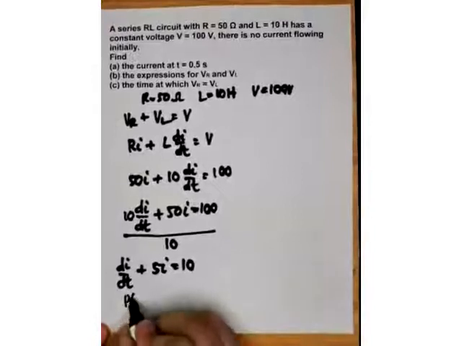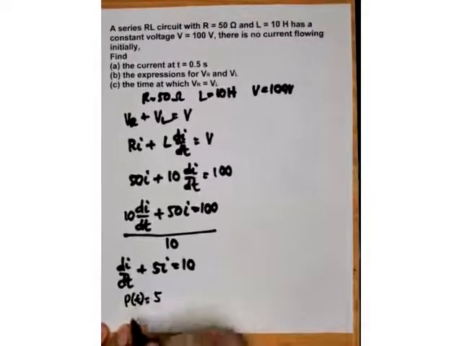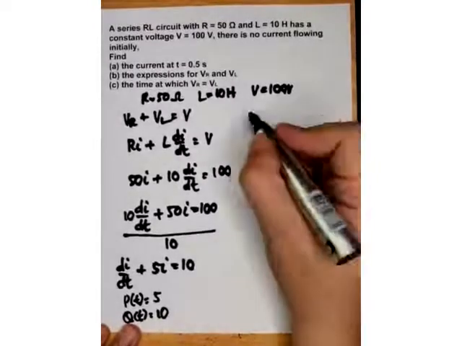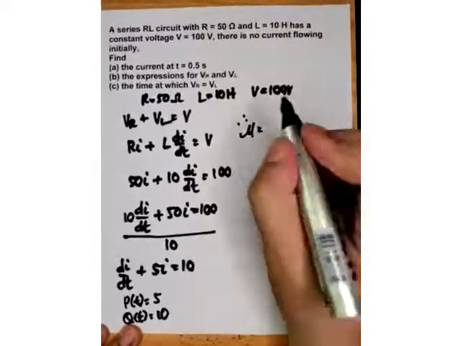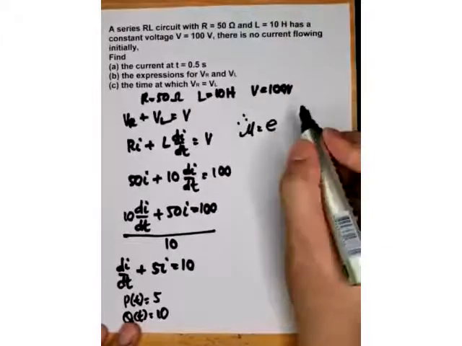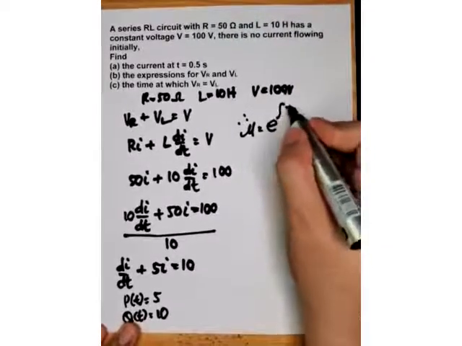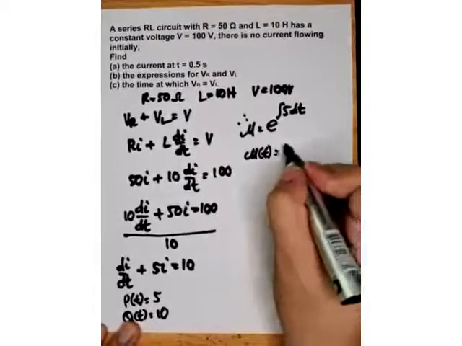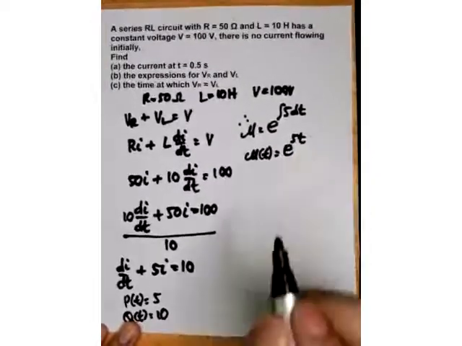So what's our P of t? P of t is 5 and our Q of t is equal to 10. Therefore, the integrating factor is equal to e raised to the integral of 5 dt, so the integrating factor is e raised to 5t.